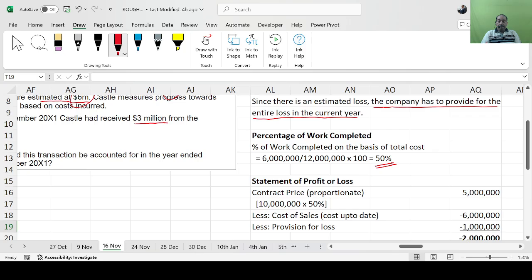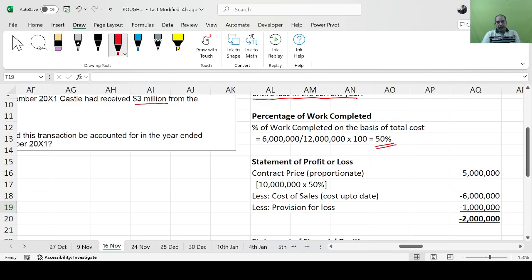Clear? Then coming to statement of profit or loss. Remember, the objective is to have a net loss of $2 million in the statement of profit or loss. Now how to get that, we will see.